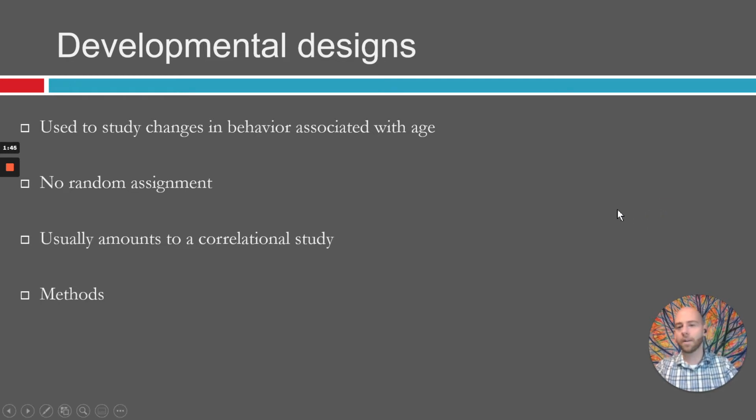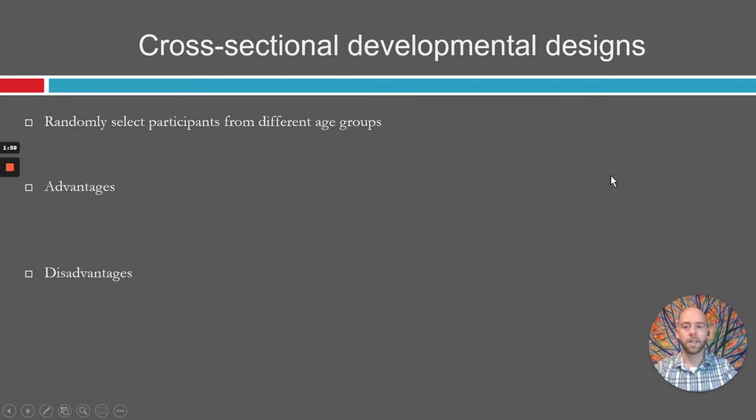So if you can't manipulate it, how can you study age? Well, there are two main ways that you can study changes associated with age, and these are cross-sectional designs and longitudinal designs. Cross-sectional designs are designs where you are using different groups of people, different cohorts, different cross sections, if you will, of age groups.